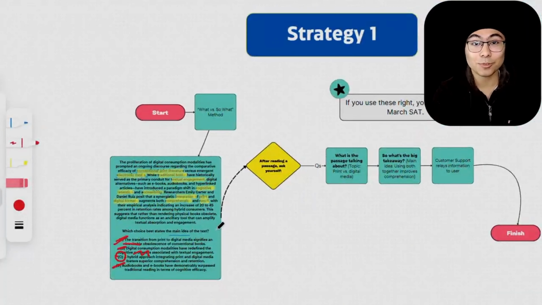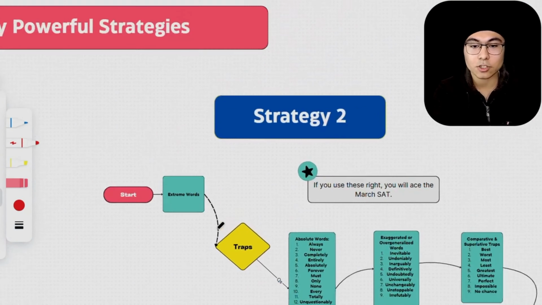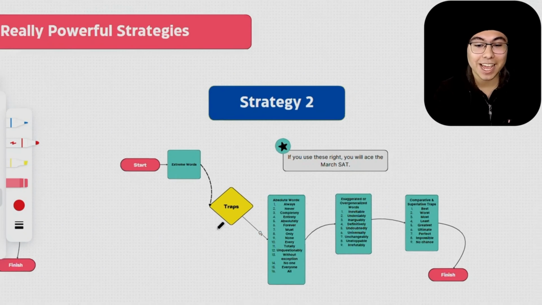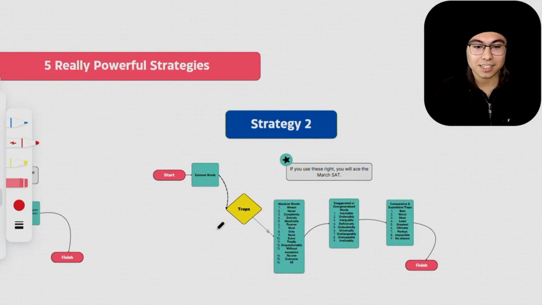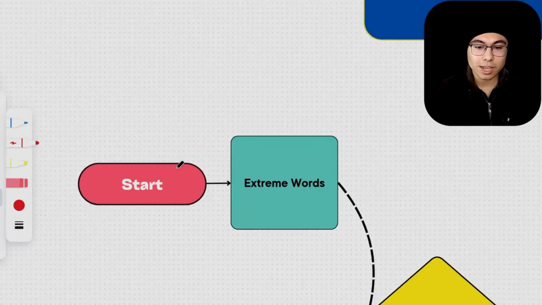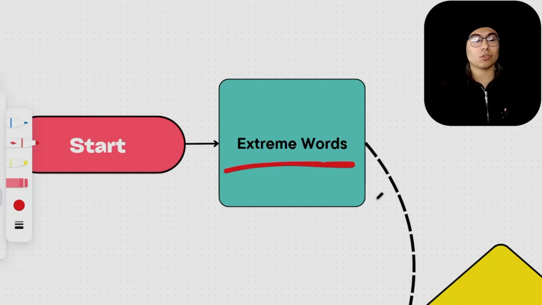Now, let's move on to the next strategy. Strategy number 2. And it's so powerful. If you use it right, I'm sure you can ace your March SAT or whatever exam you are taking. It's all about extreme words. Knowing these words is going to help you eliminate answer choices really quickly.